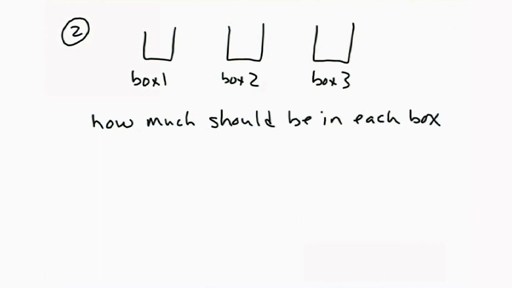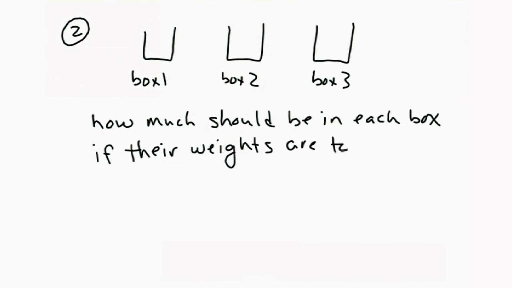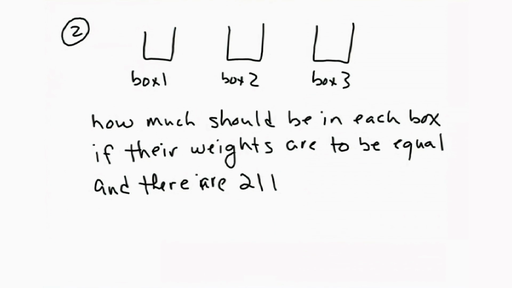How much should be in each box if their weights are to be equal, and there are 21 pounds of the product? So how much do we put in each?